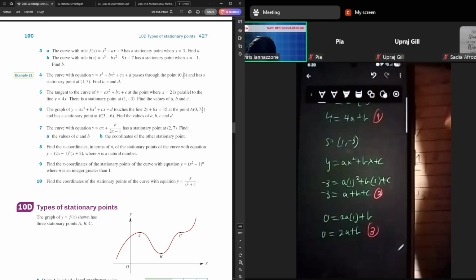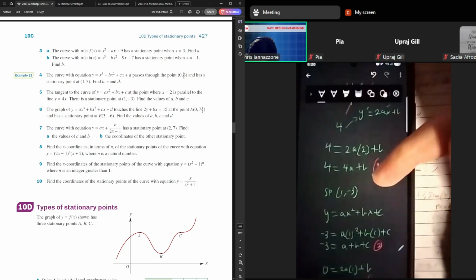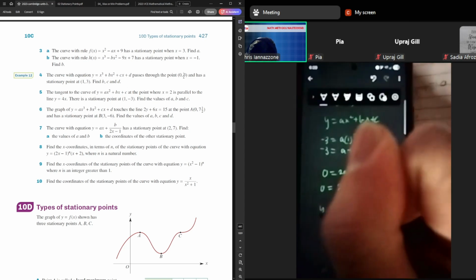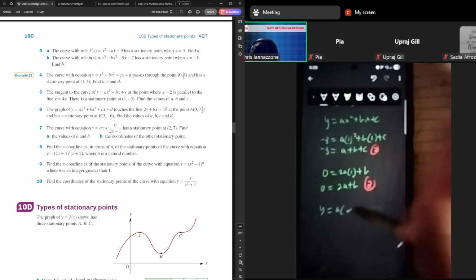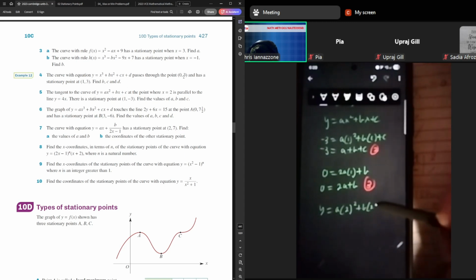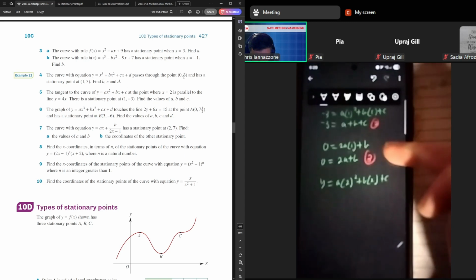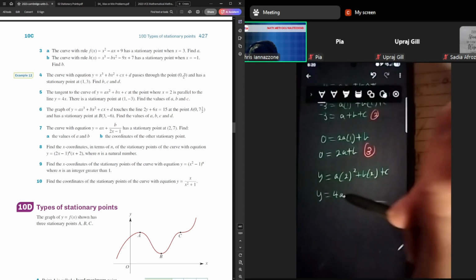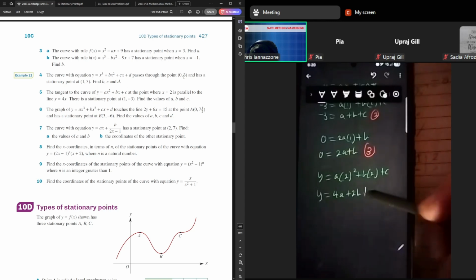To further demonstrate what was wrong with just subbing in x equals 2 into the original function, here's what you get. y equals a bracket 2 squared plus b bracket 2 plus c. That's going to give us y equals 4a plus 2b plus c.